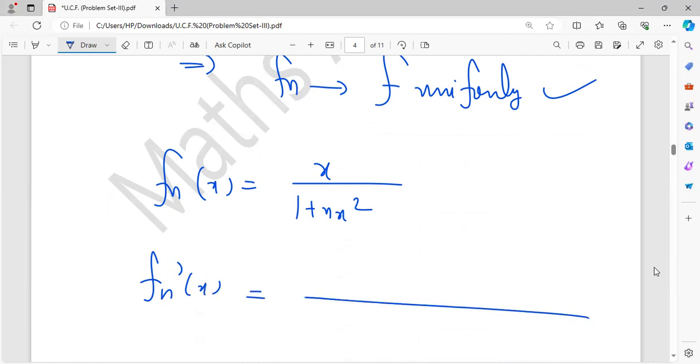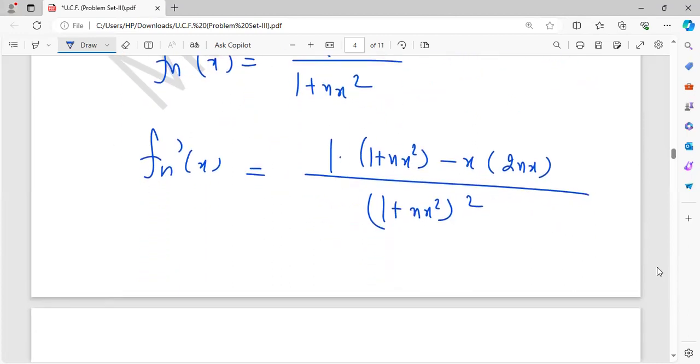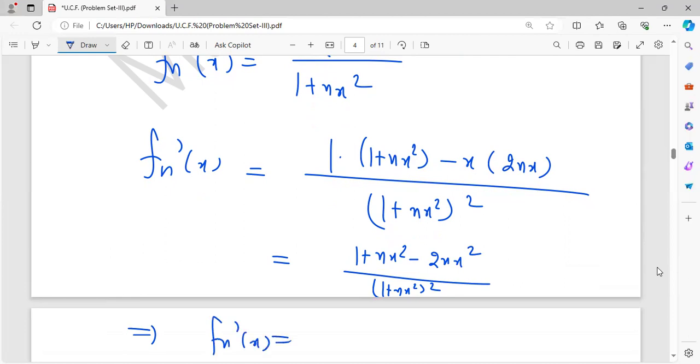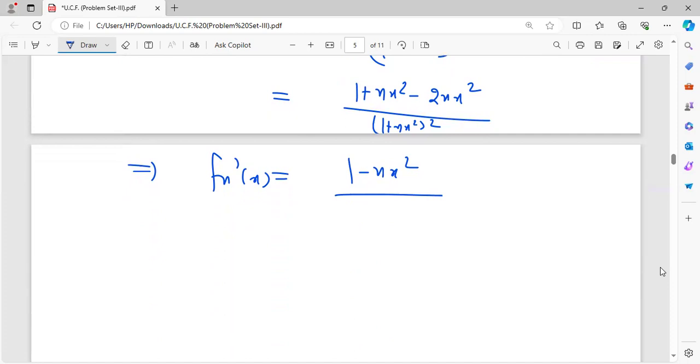It is the derivative of x, that is 1, times 1 plus nx square, minus x times its derivative 2nx, over 1 plus nx square whole square. So this is 1 plus nx square minus 2nx square, which implies Fn dash x is equal to 1 minus nx square over 1 plus nx square, whole square.